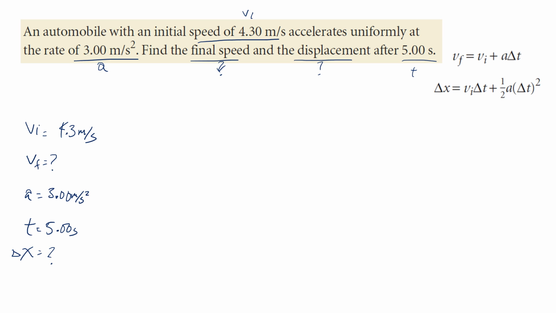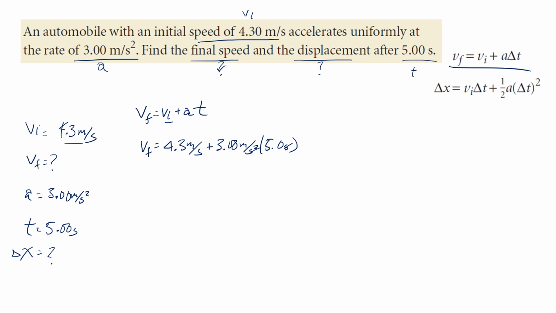So, part one, let's use our final velocity equation. Vf is equal to v initial plus a times t. V final is equal to 4.3 meters a second, right? V initial is right here. Plus a, which is 3.00 meters a second squared, times 5.0 seconds.